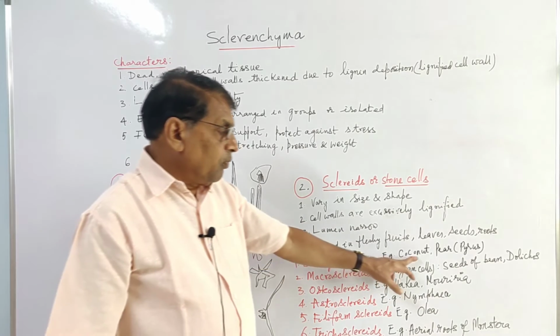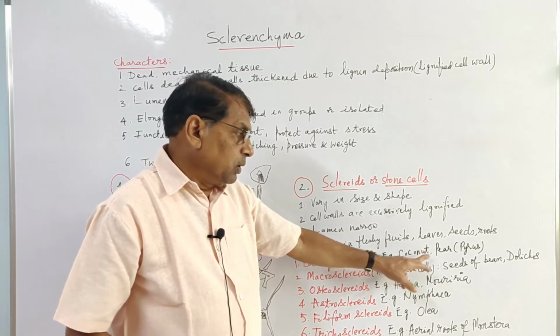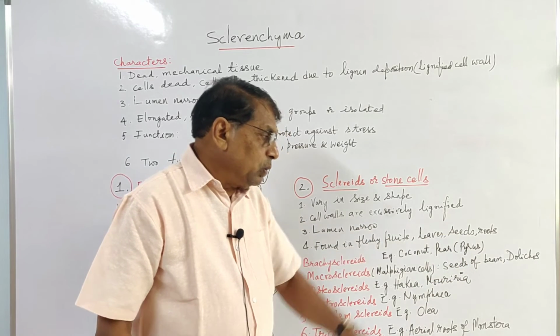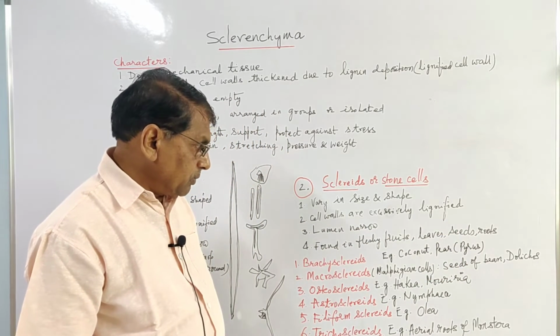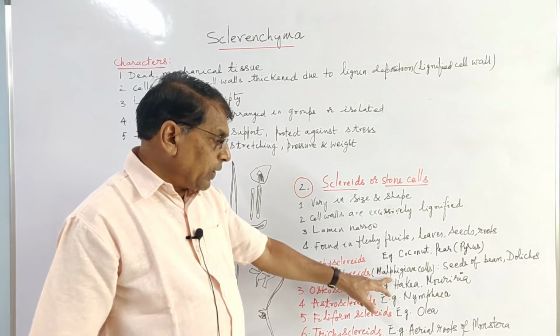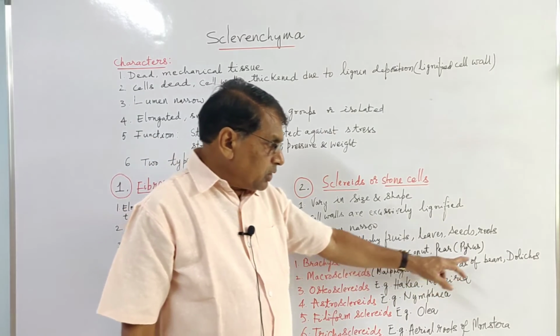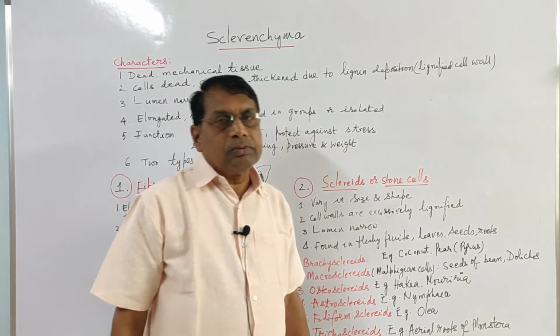Brachysclerides are found in the coconut shell, the outer shell that we break, and in pear, related to apple, Pyrus malus. Then macrosclerides, also known as Malpighian cells. Seeds of bean, Dolichos.